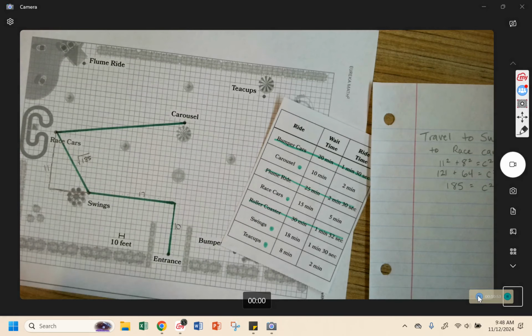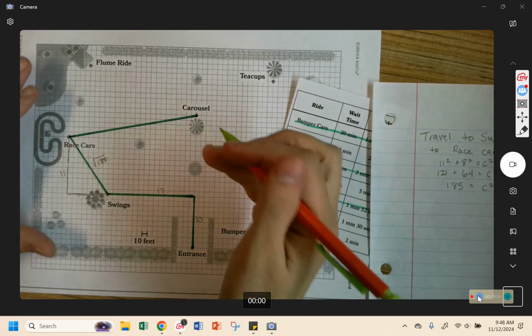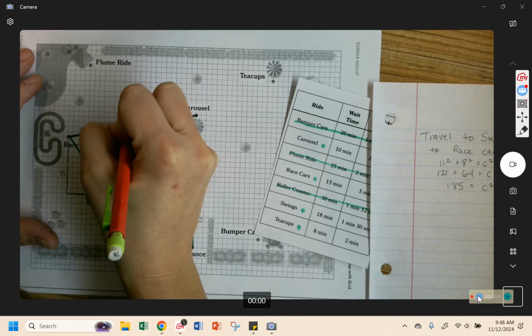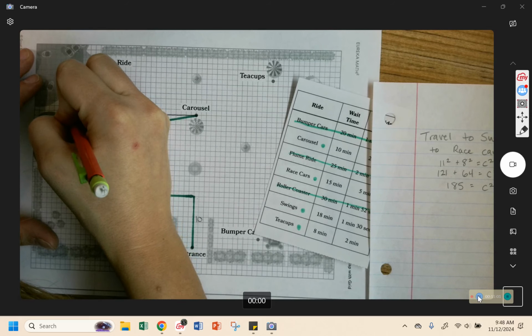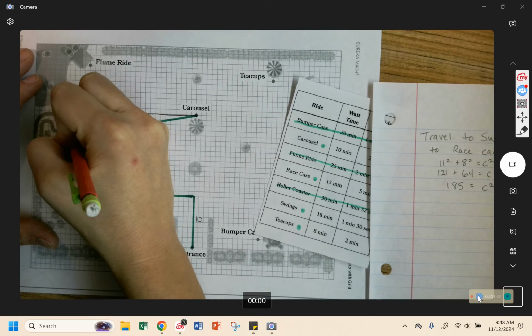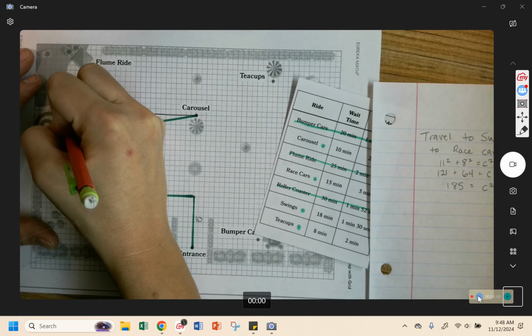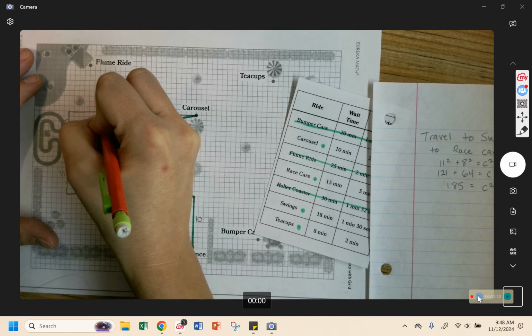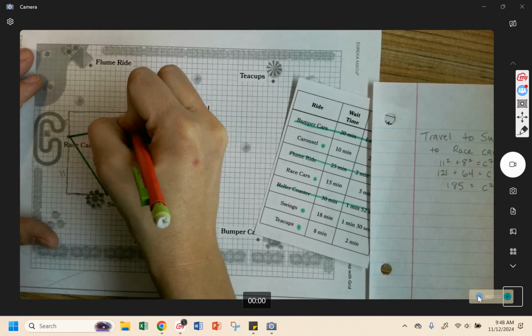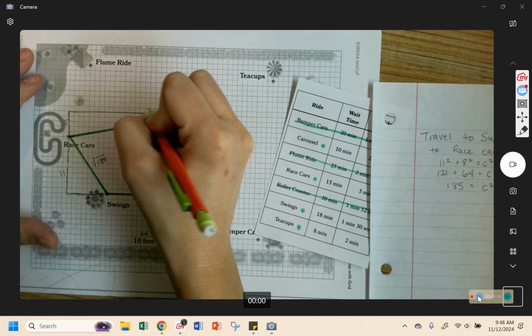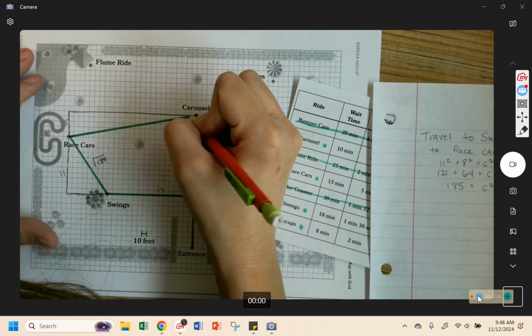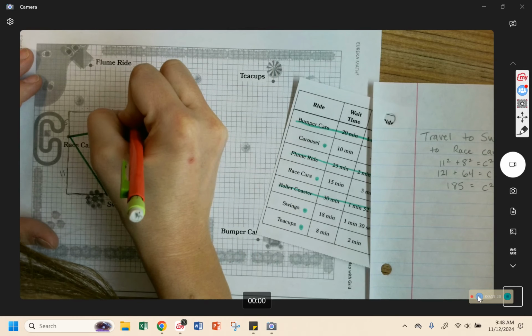Again, we'll need a right triangle since that's cutting at a diagonal. This is 1, 2, 3, 4, 5, and then 25 across.